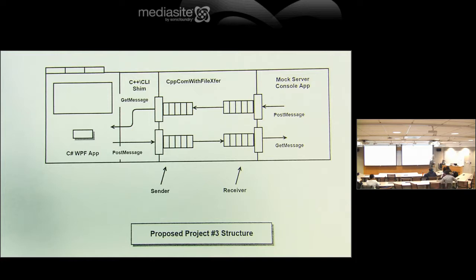So this is the same one that I discussed in class. It was just a glyphy diagram instead of a hand-drawn diagram. But the model is that I've got a GUI, communication channel, and a mock server that does almost nothing.